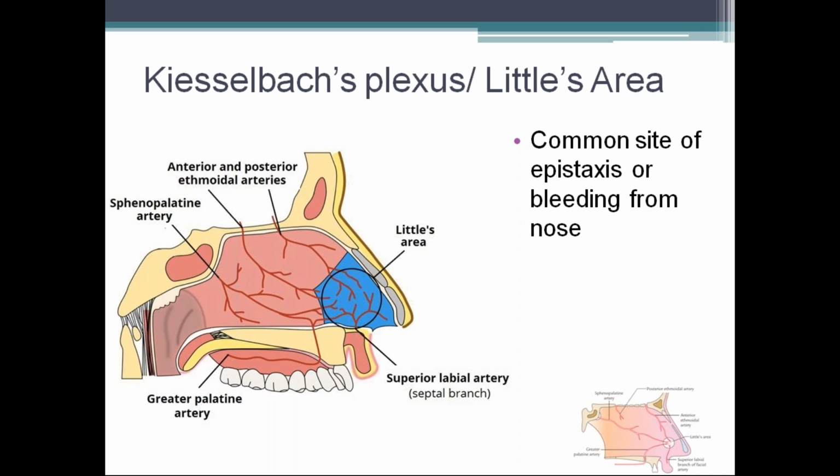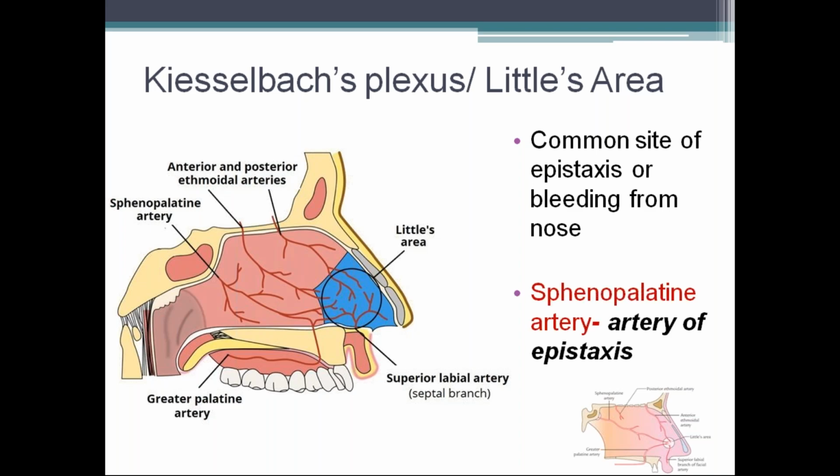So this is the commonest site of epistaxis, which is nothing but bleeding from the nose. The sphenopalatine artery, which mainly contributes to this anastomosis, is otherwise called the artery of epistaxis. I think now you are clear about Little's area and the arterial supply of the nasal septum.